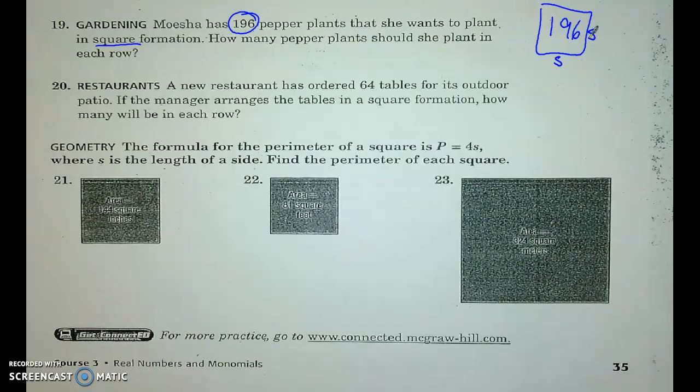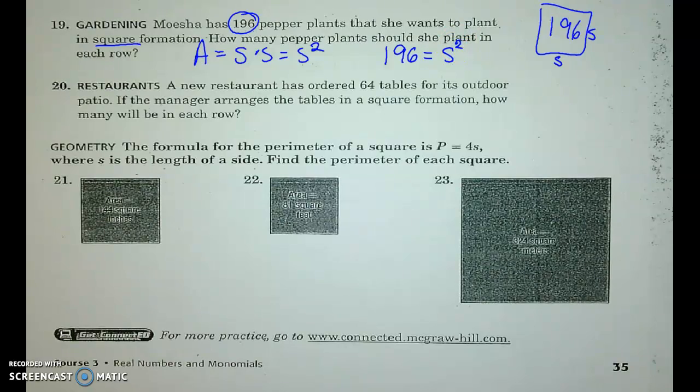We know that in a square area we end up with S times S, or S squared, is what we're looking at here. So when we go to solve that, we know that 196 equals S squared.